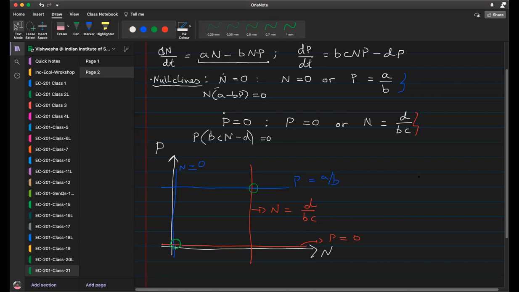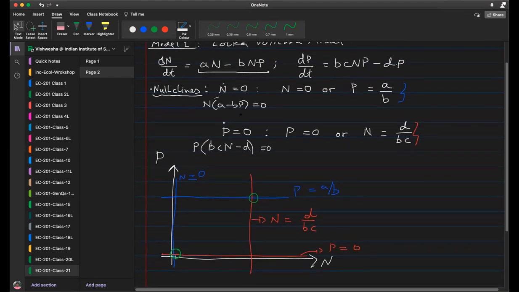Before we do, we'll try to see how the overall flow looks. So anywhere in this region, what's happening? I am below this blue line. I am below this red line. But here it's a bit tricky. The way the entire Lotka-Volterra model runs is quite tricky. Let's say we are in this region, which means I am below.